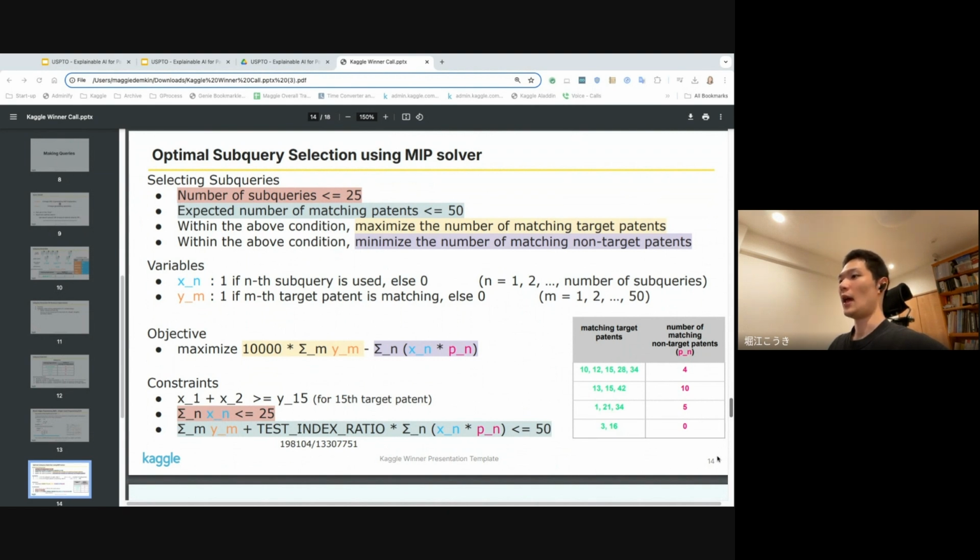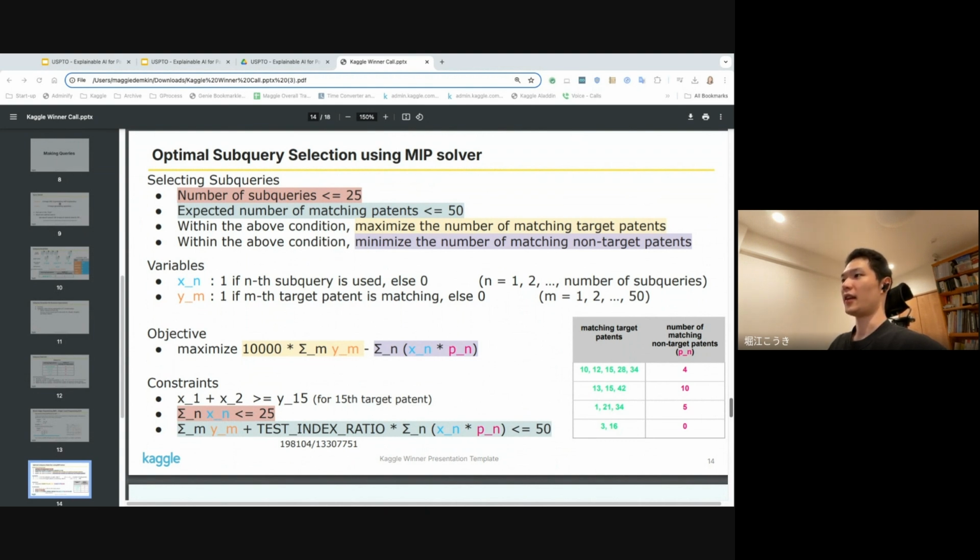ym is 1 if the m-th target patent is matching using the query made by xn, else 0, with m running from 1 to 50 because you have only 50 target patents. The objective here is the function in the middle. The first yellow term maximizes the number of matching target patents because you're summing ym, and ym is 1 if the m-th target patent is matching, while the second purple term minimizes the number of matching non-target patents.